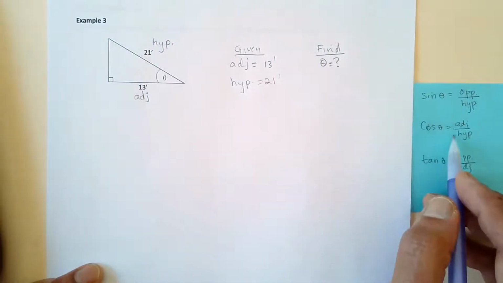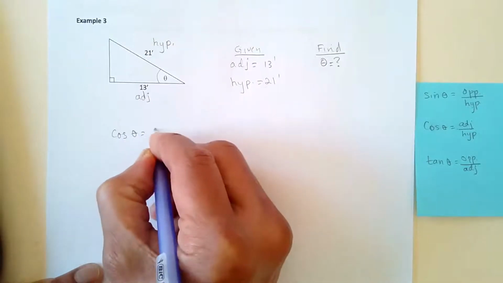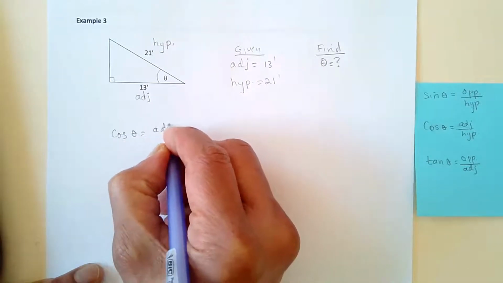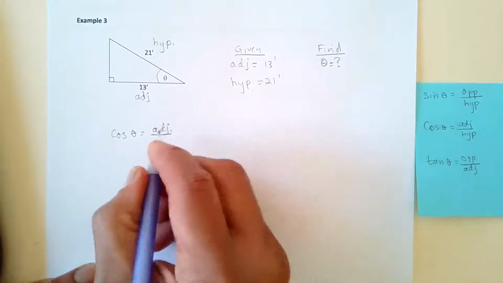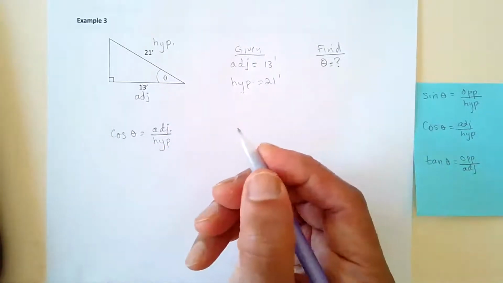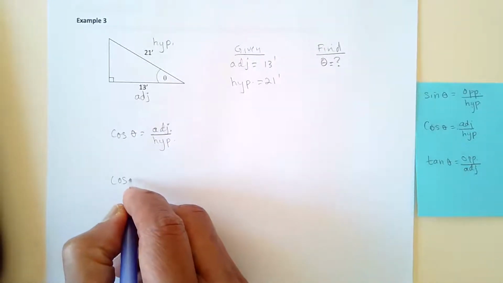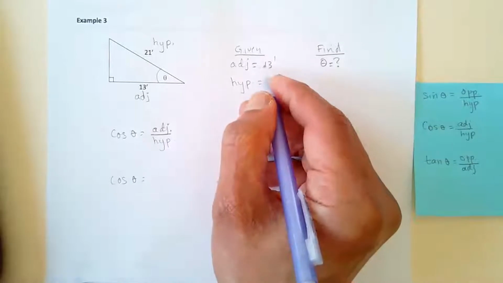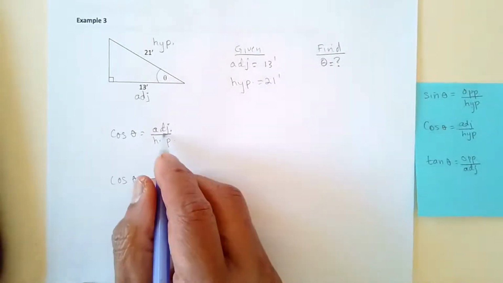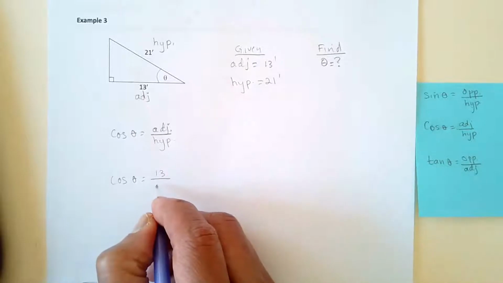So cosine theta is adjacent side divided by your hypotenuse. Then we substitute adjacent, which is 13. Hypotenuse is 21.